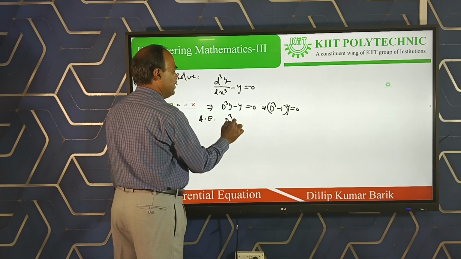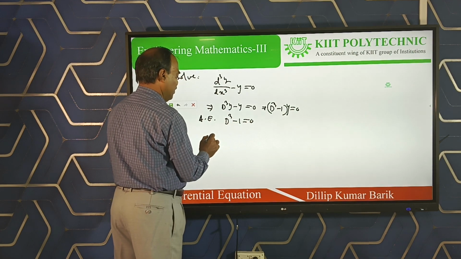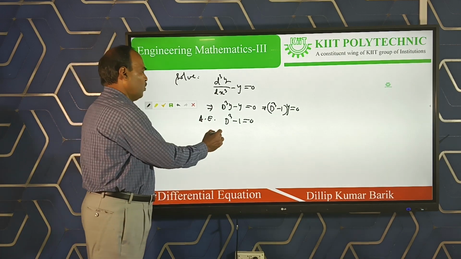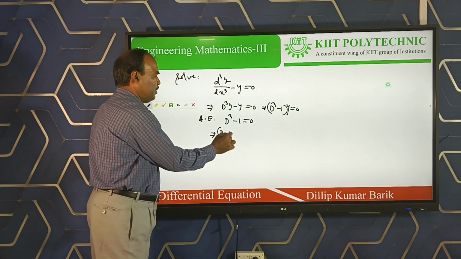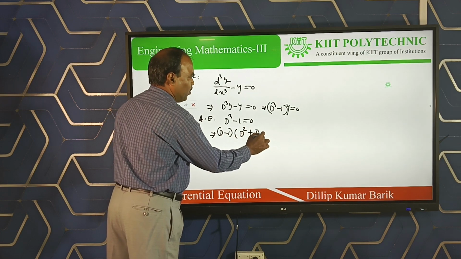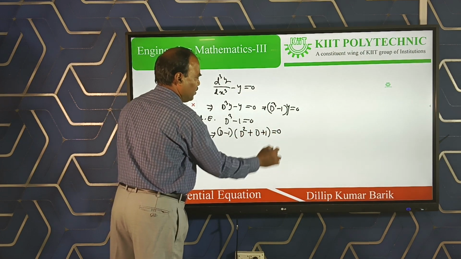The auxiliary equation is D cube minus 1 is equal to 0, and this again comes under the a cube minus b cube formula, whose answer is (a minus b)(a square plus ab plus b square), meaning (D minus 1)(D square plus D plus 1) is equal to 0.